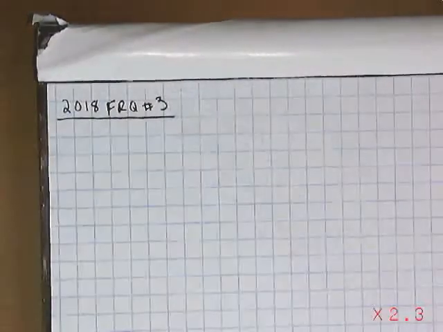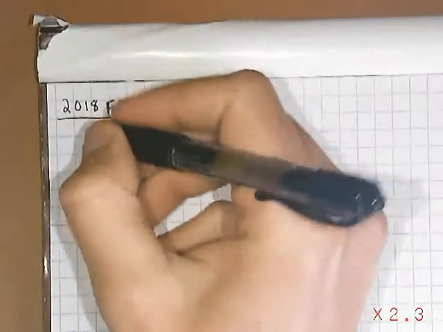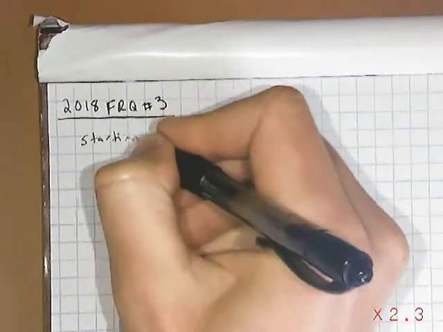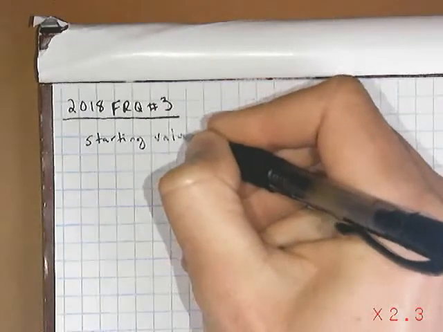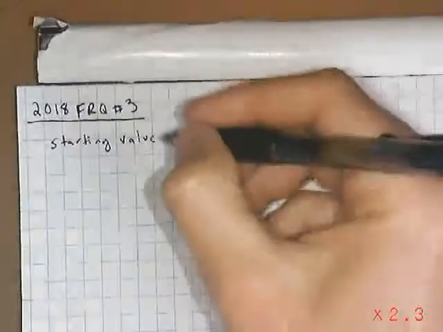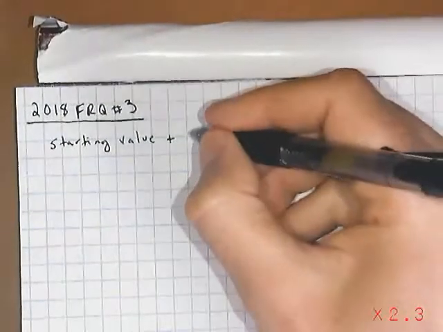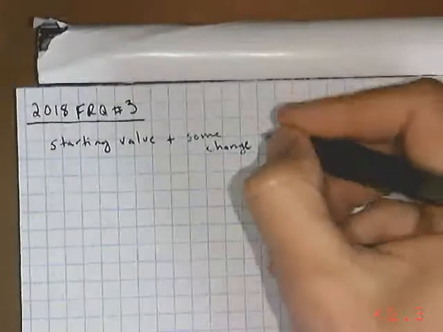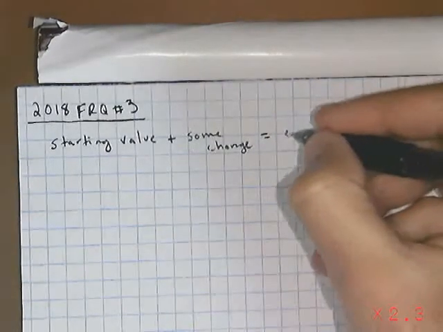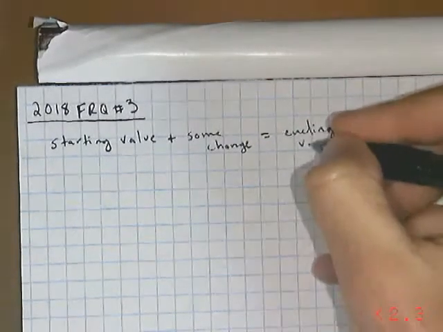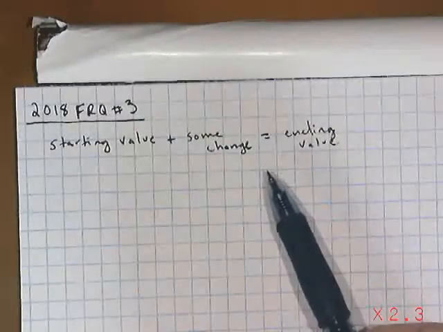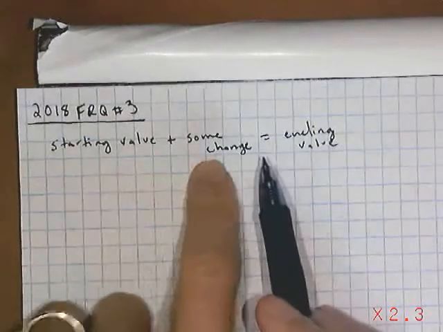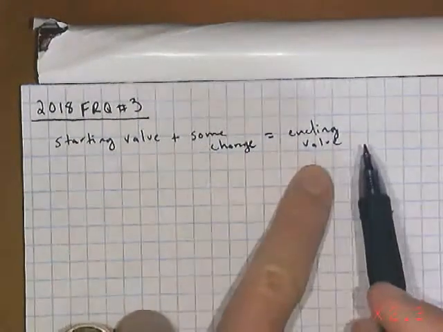But in general, for any function, we can have a starting value plus some change, and that's going to get us to our ending value. I'm being purposefully a little opaque here, but a starting value will have some change happen on that function and we get to the ending value.